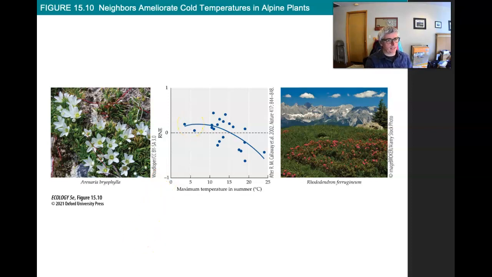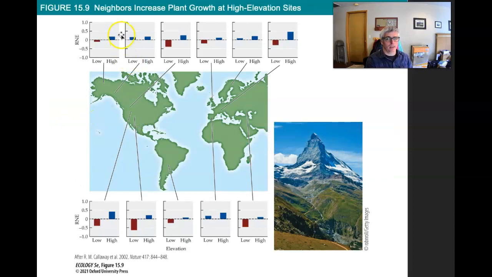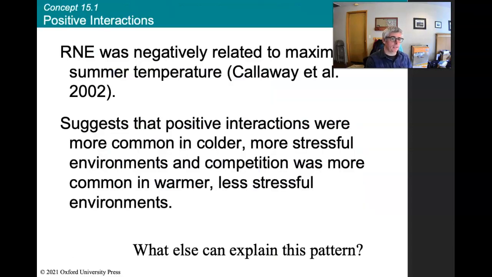So it's two different ways of thinking about that observation of increased relative neighbor index at high elevation and decreased relative neighbor index at low elevations. The mechanism could be a change in what's limiting. So at alpine, the limitation would be habitat, and at lower levels, the limitation would be light.